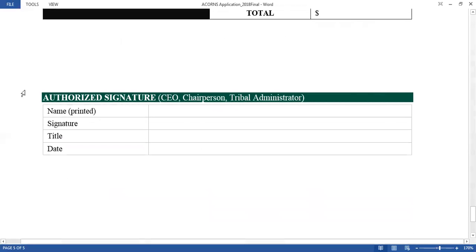The final piece of the application is having an authorized signature. So that will be your CEO, your chairperson, or tribal administrator, or executive director. Please have their name printed, their signature, their title, and the date signed. An application cannot be accepted unless this is signed by an authorized signature.